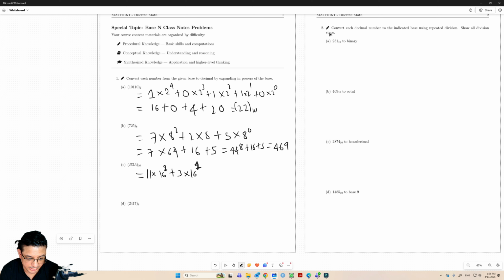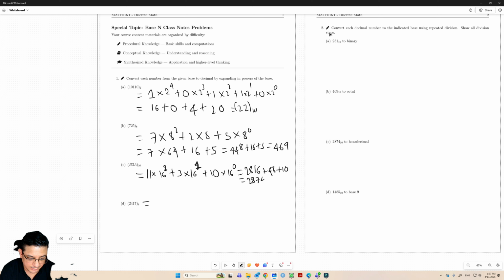We only have 3 digits. And then A is going to be 10, and it's going to be times 16 to the power 0. Okay, so this is going to be 2,816 plus 48 plus 10, which at the end is 2,874.